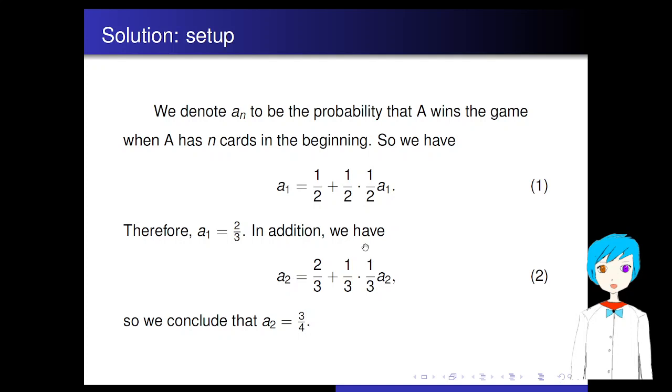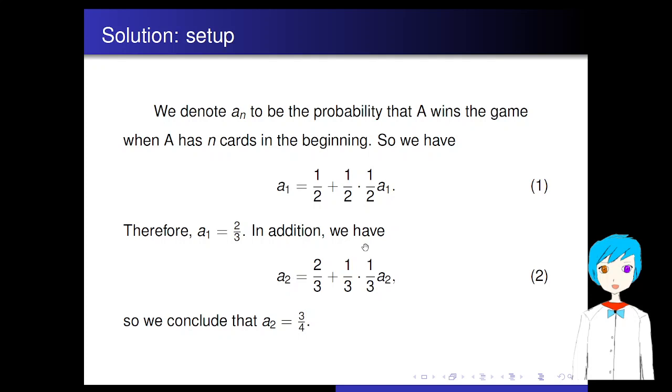The second term is that if A draws the Joker card and B draws the Joker card back, then nothing has changed. If B does not draw the Joker card back, then B wins the game. So we can solve that A_2 equals 3/4.